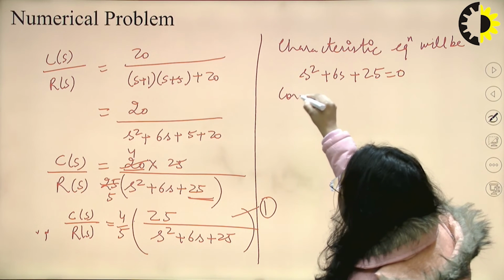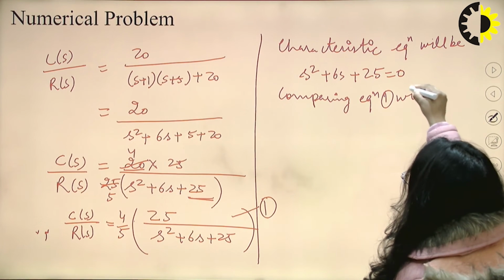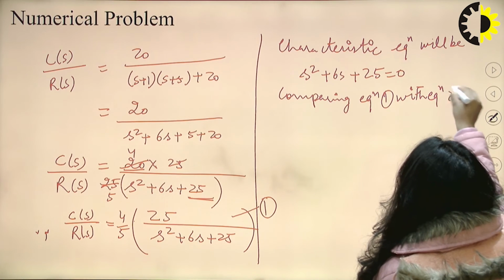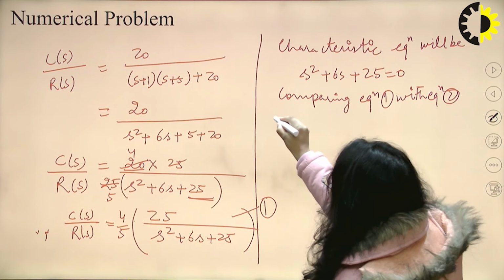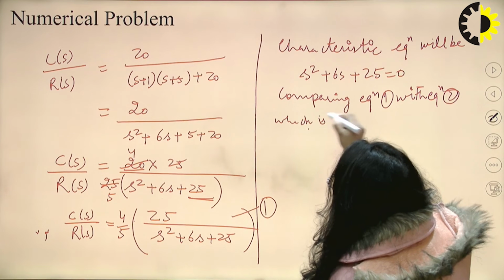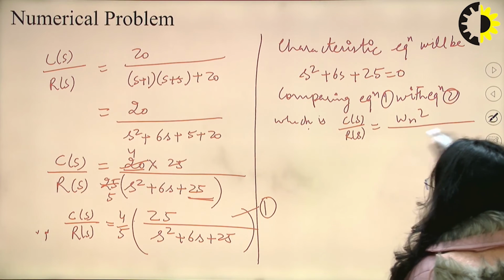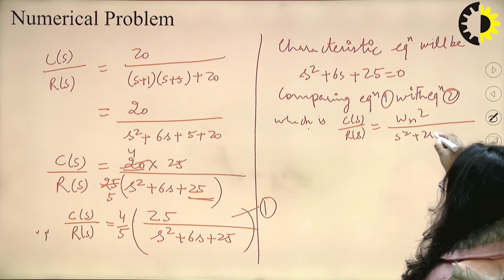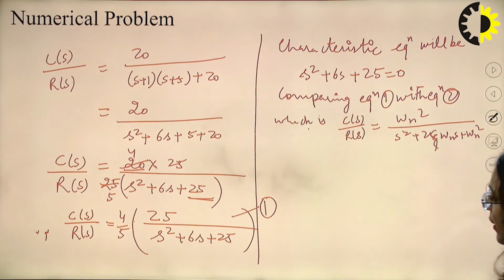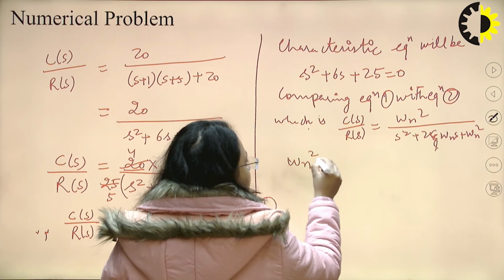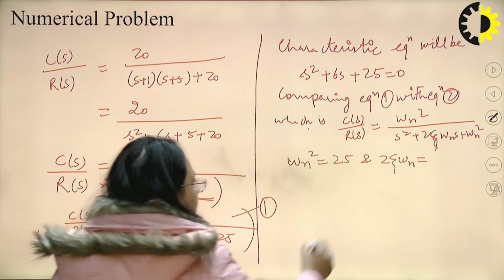Now comparing equation 1 with equation 2, which is C(s) upon R(s) equal to omega n square upon s square plus 2 zeta omega n s plus omega n square, we will get the value of omega n square is equal to 25, and the value of 2 zeta omega n will be equal to 6.